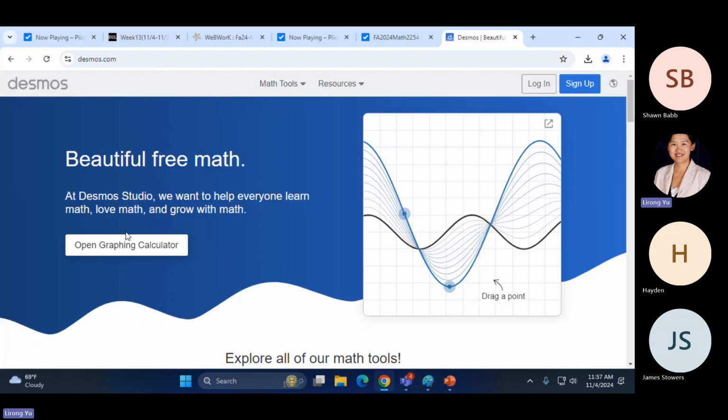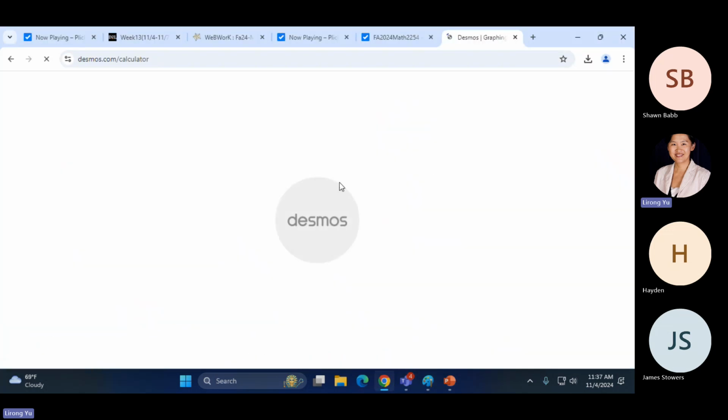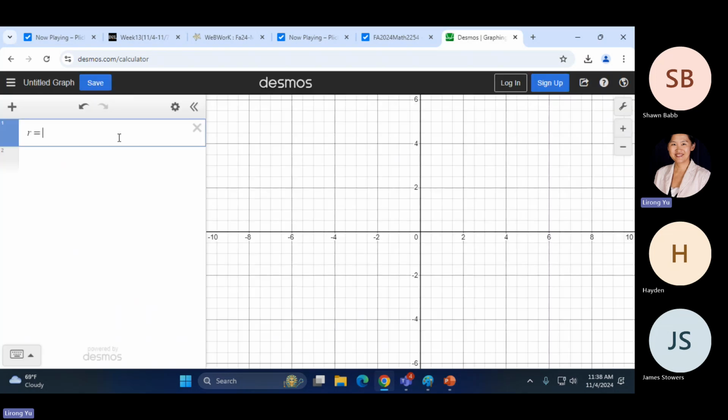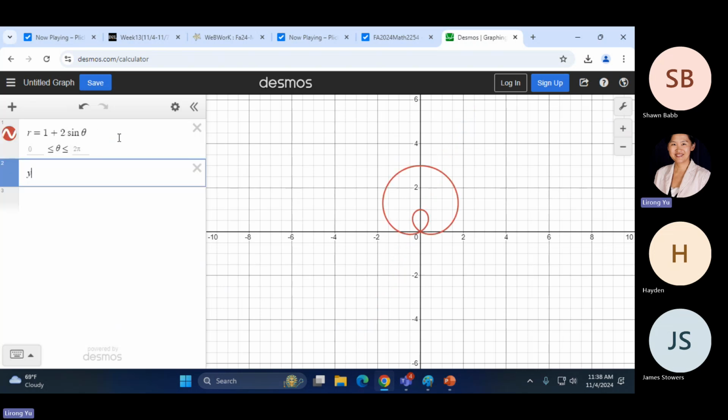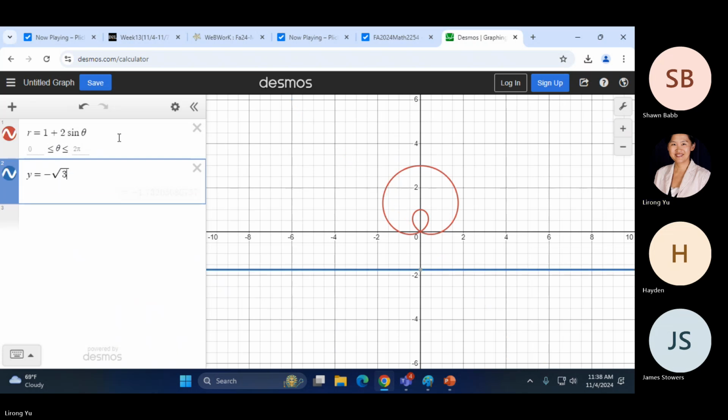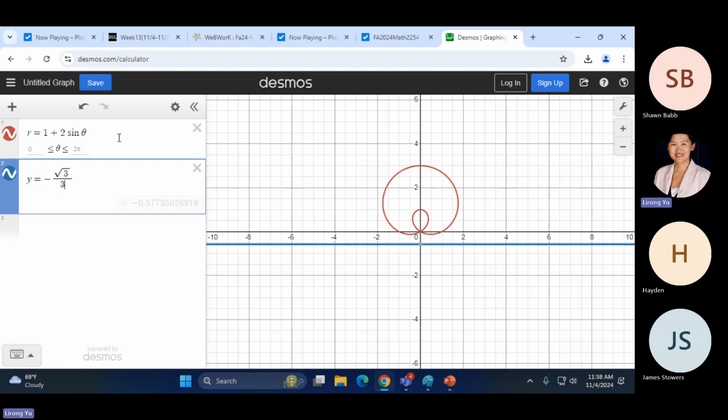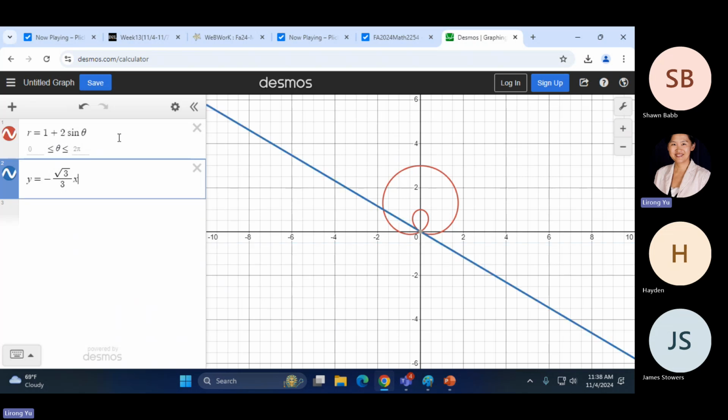We can confirm this by graphing what we have. The polar equation is r equals 1 plus 2 times sine theta. So that's the graph. And the line that we're talking about has slope negative square root 3 over 3. That's the tangent of negative pi over 6 times x.